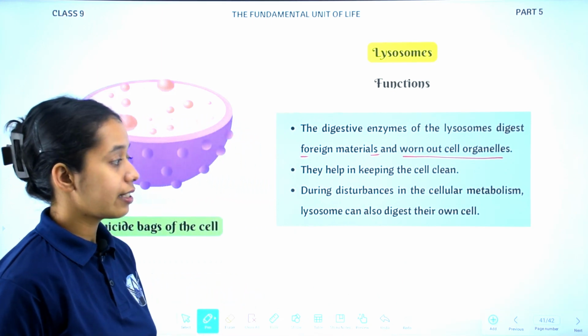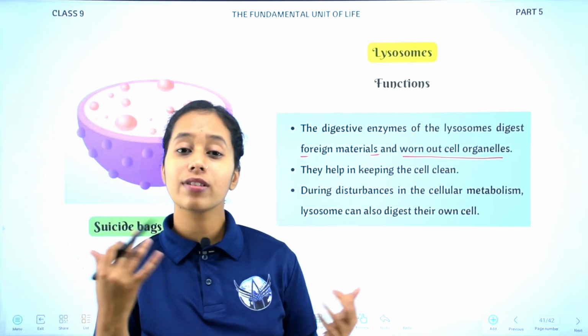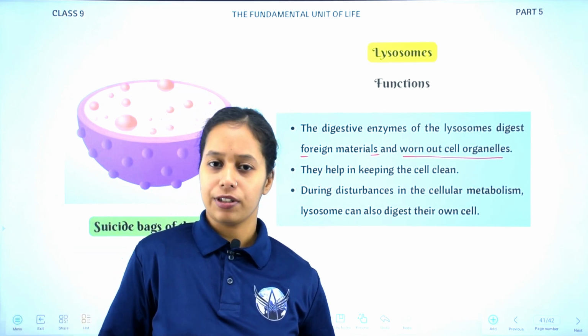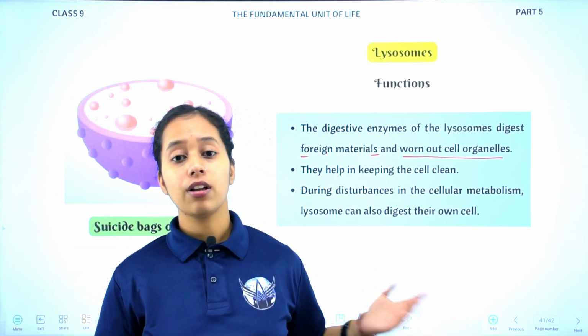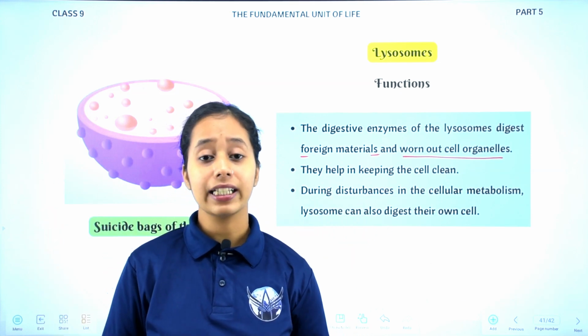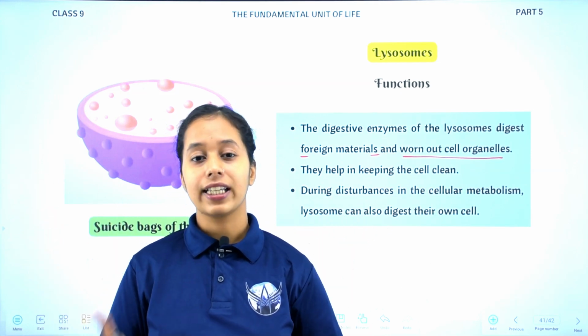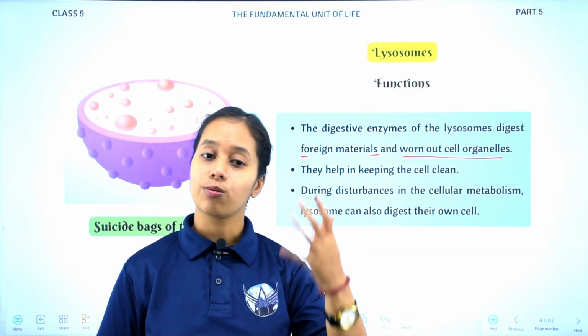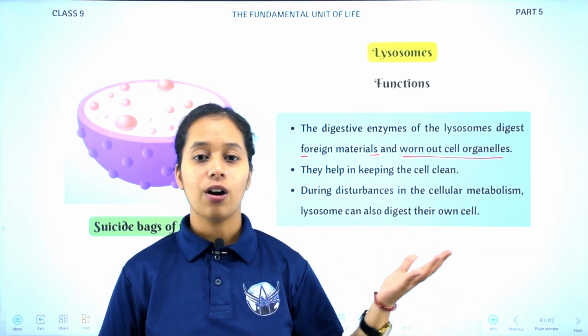Due to this reason, lysosomes are also known as the suicide bag of the cell. Why? Because it is like a suicide mission. Lysosomes are capable of killing their parent cell, so that is why they are known as the suicide bag of the cell.